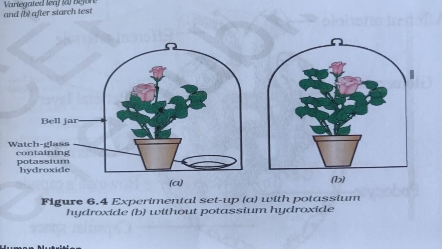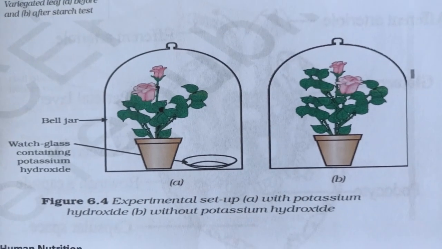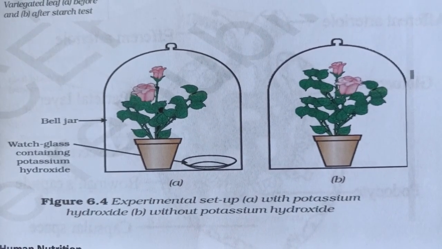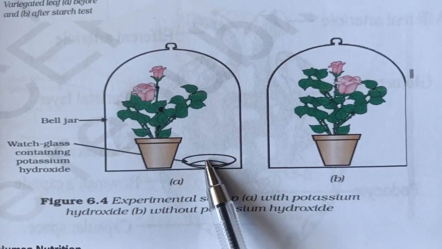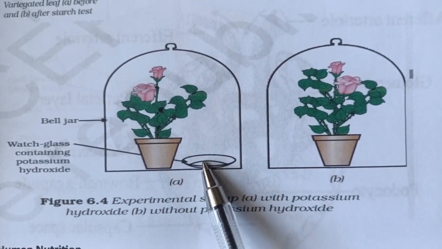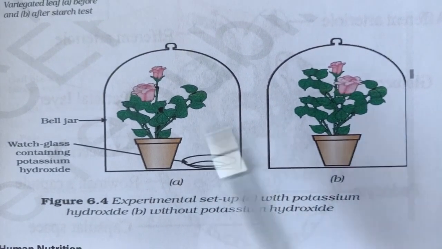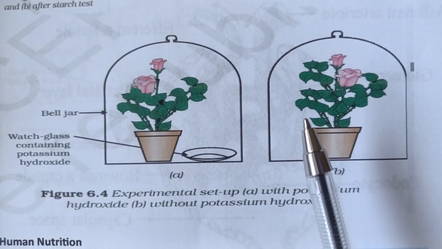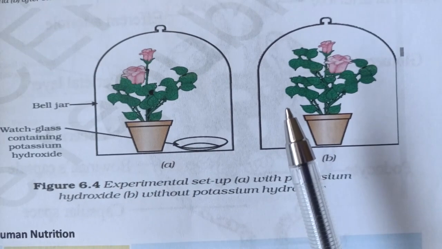Now place each plant on a separate glass plate. Place a watch glass containing potassium hydroxide by the side of the pot, but only in one pot, not in the other. And the potassium hydroxide, you might remember, absorbs carbon dioxide.